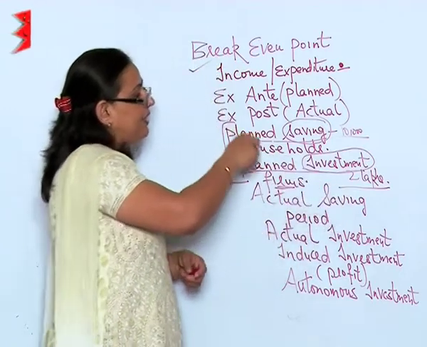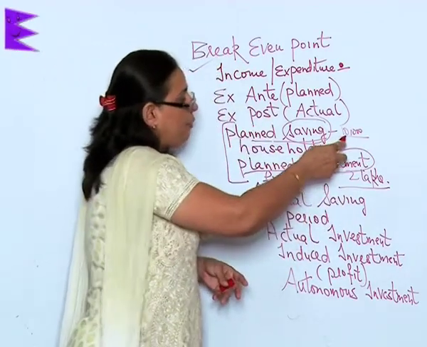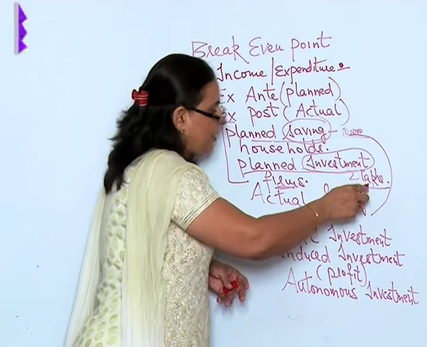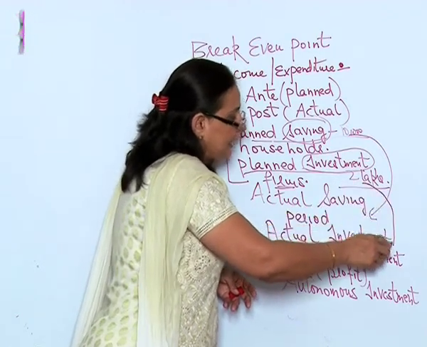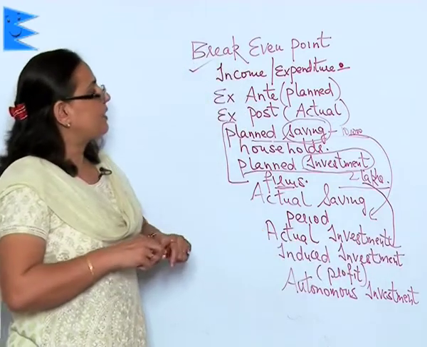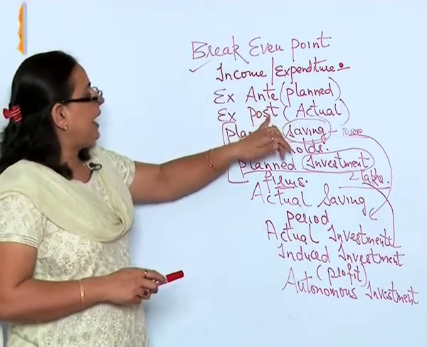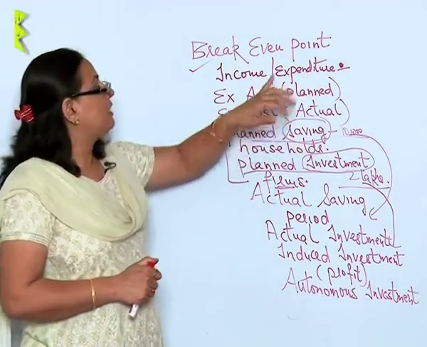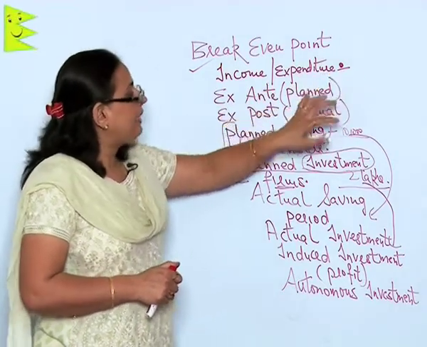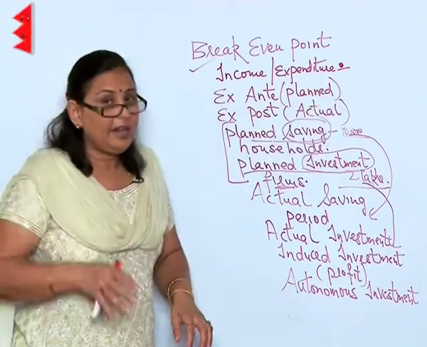And when it comes to actual, it could be more than 10,000 or less than 10,000, or more or less than 2 lakhs. That is to say, the ex ante and the ex post are always different, because this is what we plan and this is what happens in actual.